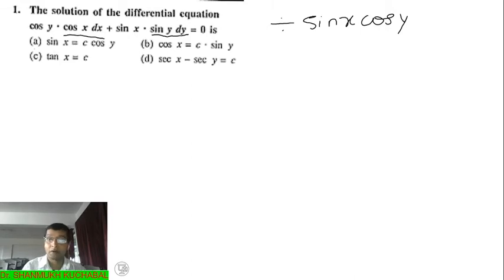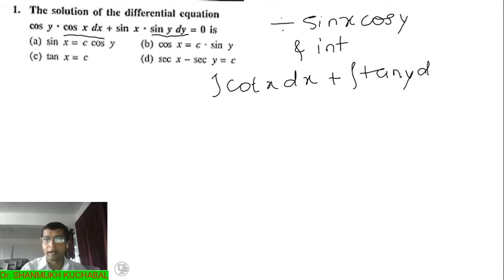Like that we have to collect x and dx on one side and y and dy on the other side. So dividing by sin x into cos y and integrating, we get integration of cot x dx plus integration of tan y dy equal to 0.